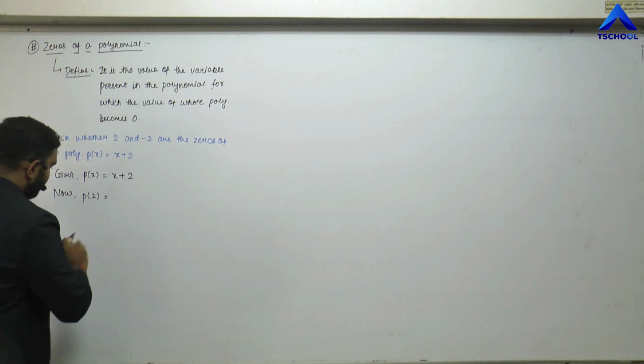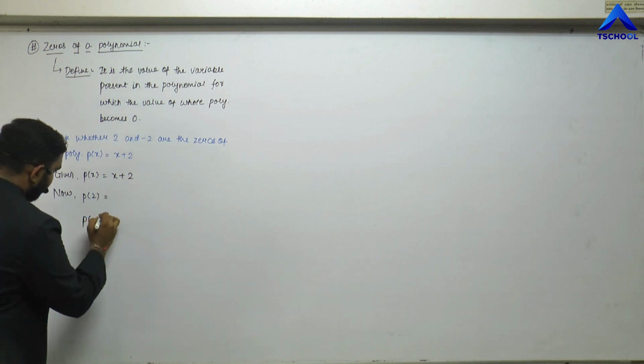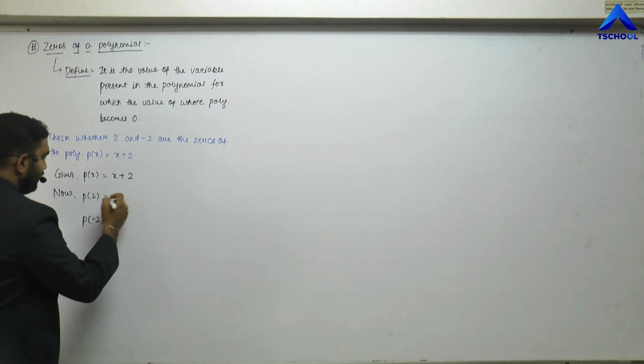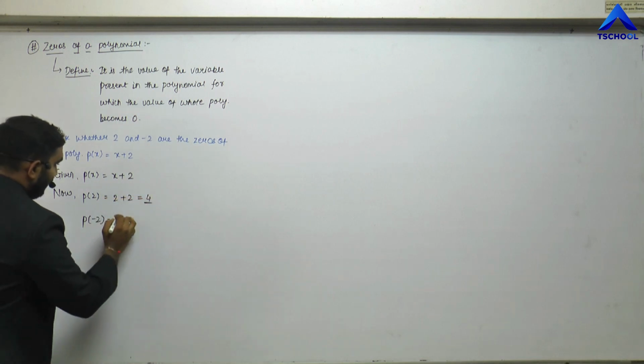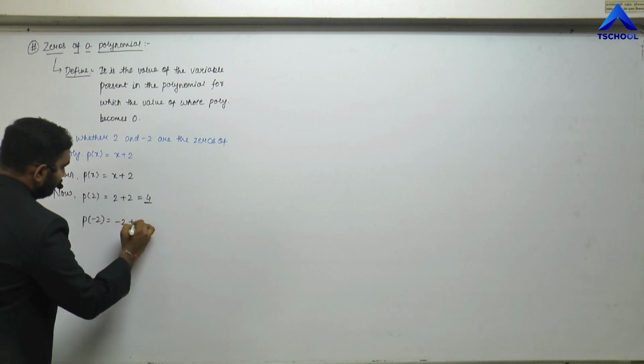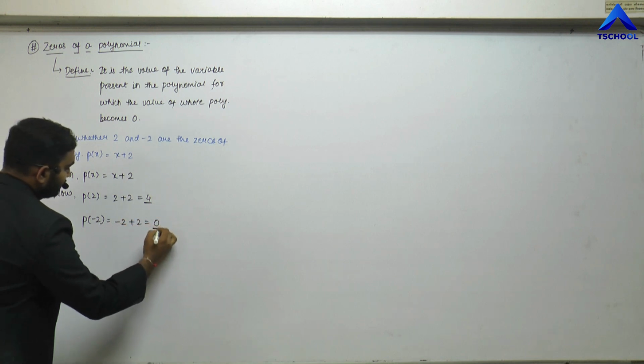So finding out P of 2 and P of minus 2. So first of all P of 2, that is 2 plus 2, which is equal to 4, and P of minus 2 will be minus 2 plus 2, that is 0.